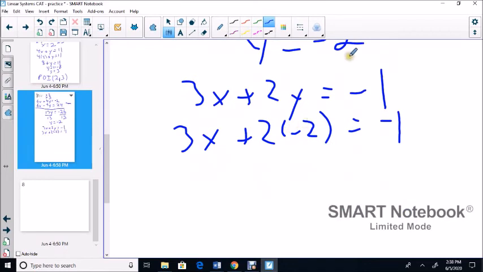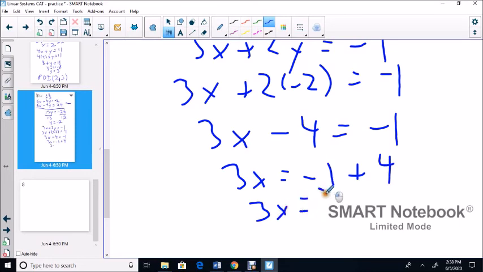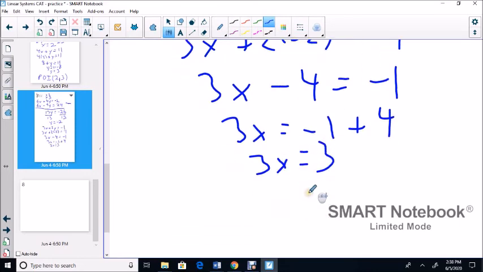So 3x minus 4 is negative 1. We're going to bring that minus 4 to the other side, and so you get 3x is negative 1 plus 4. So 3x is 3. I'm going to divide by 3, so x is 1.